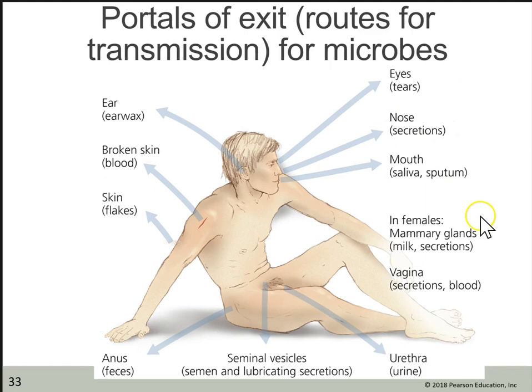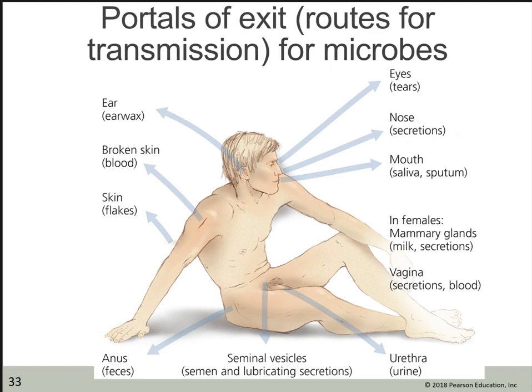There's saliva or spit, there's milk glands and secretions in women, secretions from the vagina. Blood is another way to potentially pass pathogens from one host to another in humans.